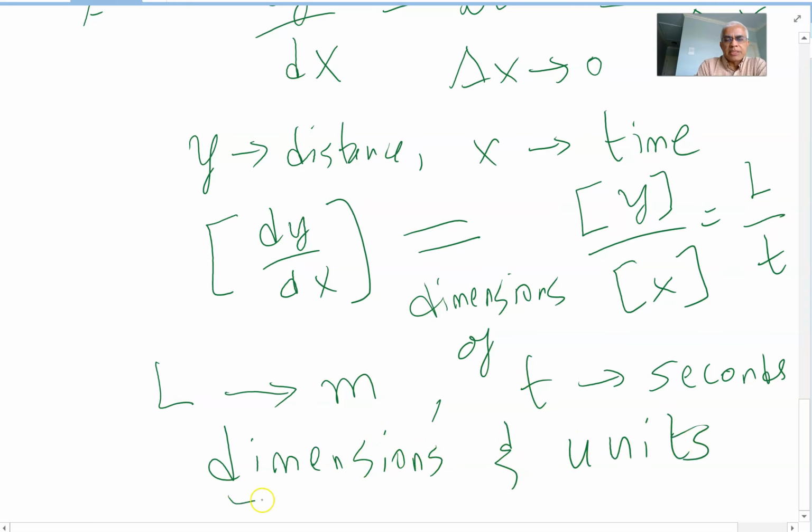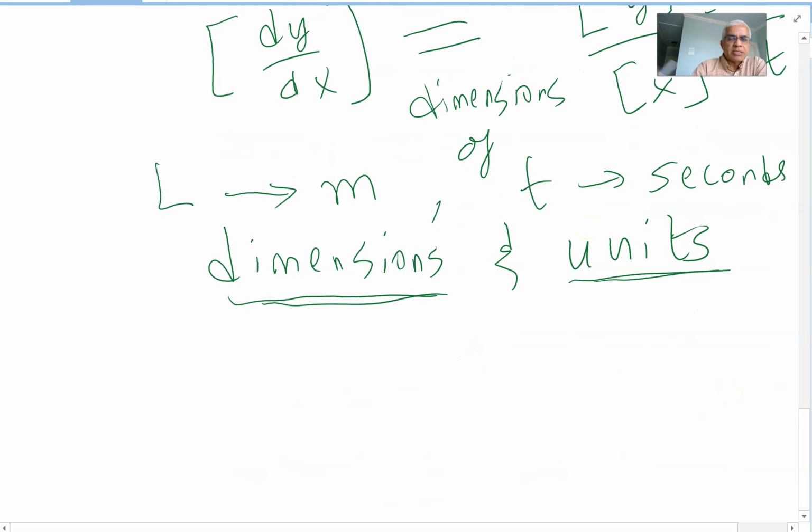The way to think about it is dimensions are fairly general and units are quite specific, right? Whether it's dimensions, I might just say length or mass. And in the case of units, I might explicitly state that I'm talking about a unit of length or a unit of a kilogram or a unit of a gram, as the case may be. So that's the distinction between dimensions and units.